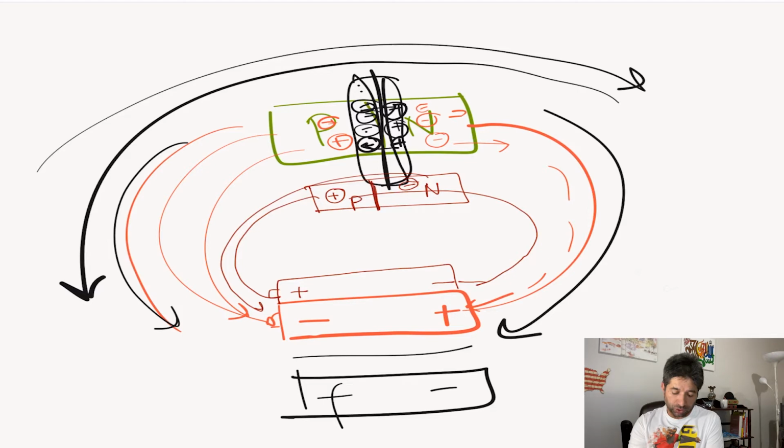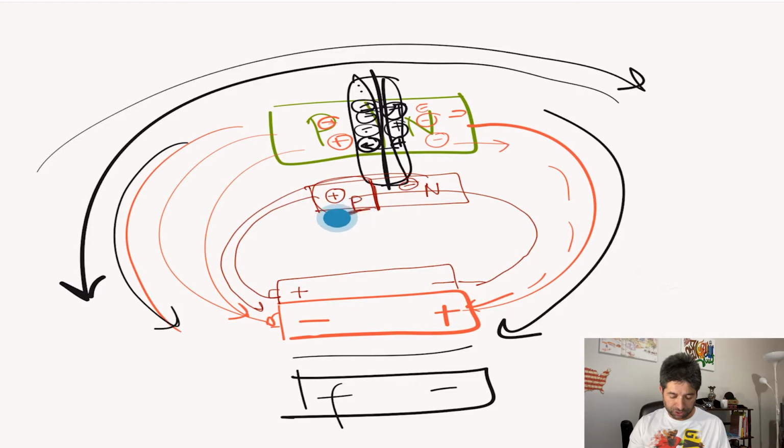The unique property of a diode is that it allows current in one direction but stops it in the other. So this is also a kind of switch. It depends on how you bias it. Typically the way I remember it is, P is positive.